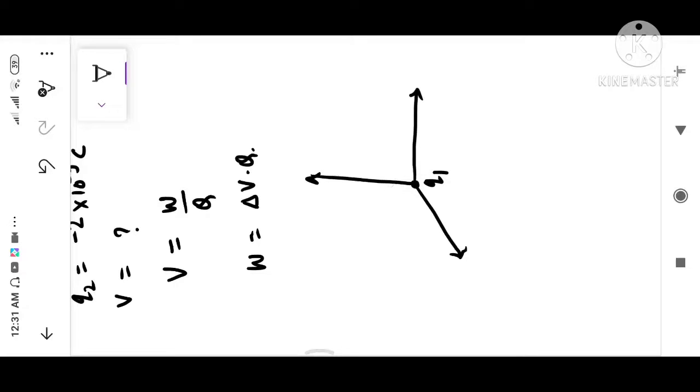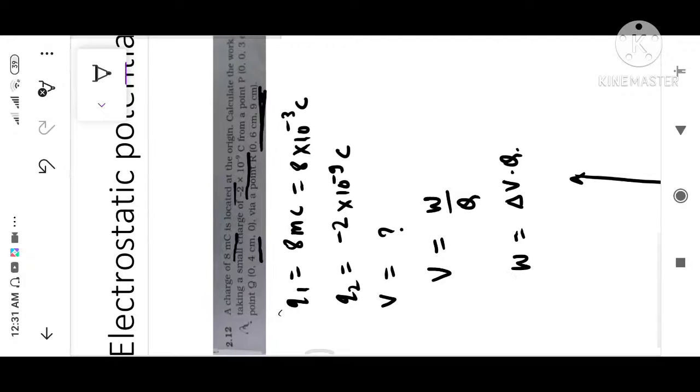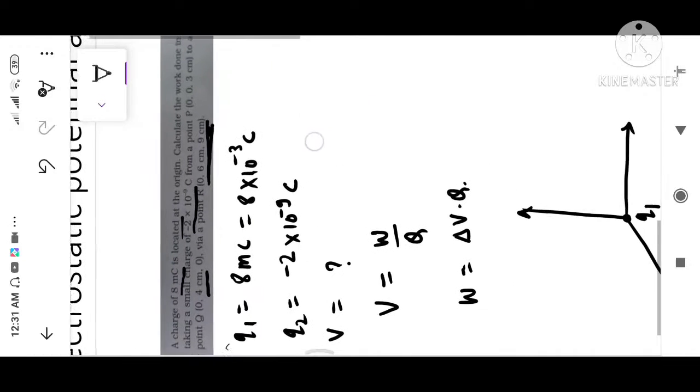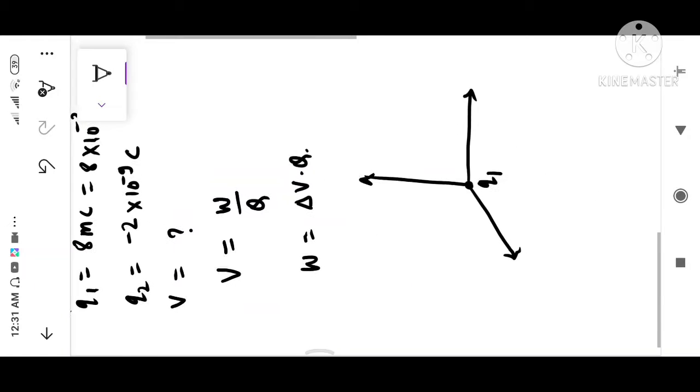According to the question, the point charge was initially at point (0, 0, 3), which is on the z axis. So this is z, this is x, and this is y, and suppose this is 3. You have to find out the potential at this point because of this charge. That will give you V1.